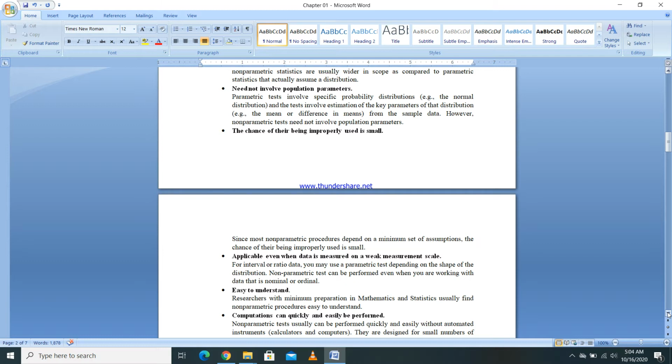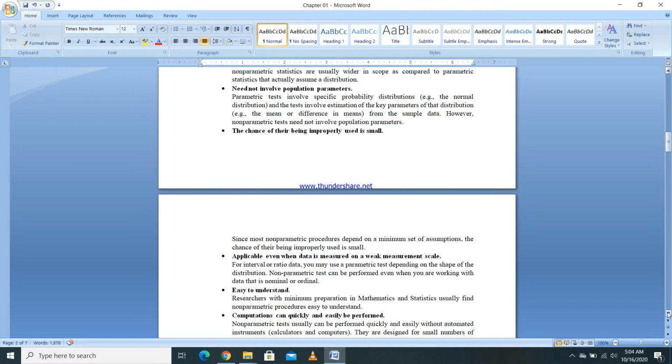Because we can easily satisfy all the assumptions. When you have so many assumptions, sometimes we never know if we have violated one or two assumptions and still used that test. That is wrong. That will not happen when it comes to non-parametric statistics.